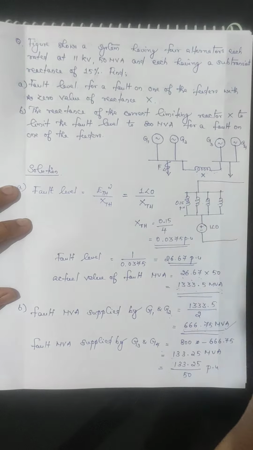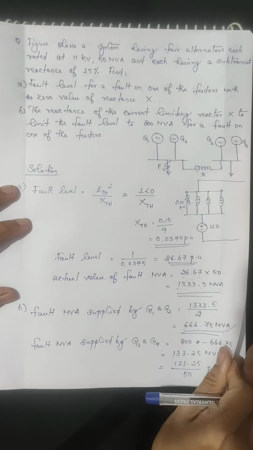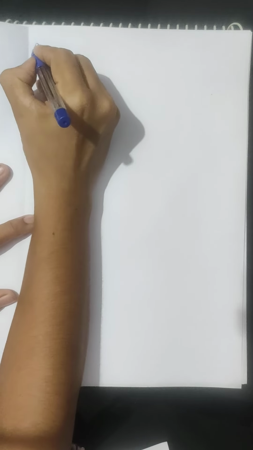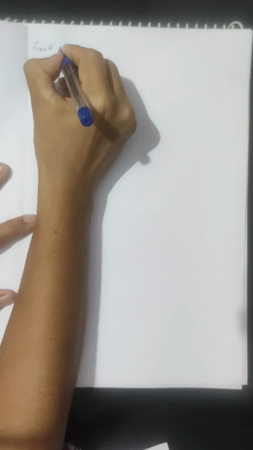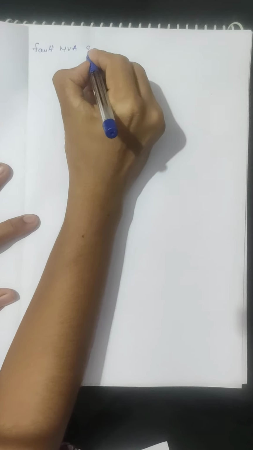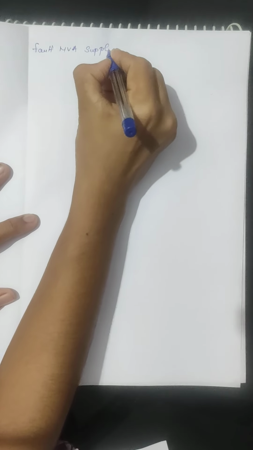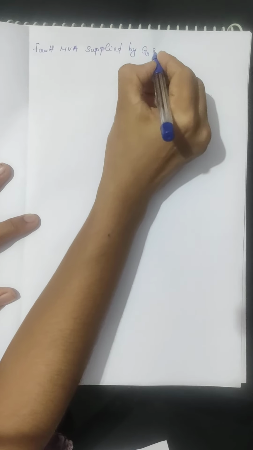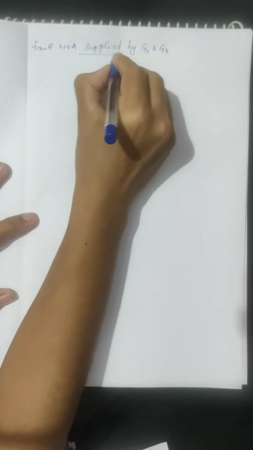So let us calculate it. The fault MVA supplied by G3 and G4, we are calculating.